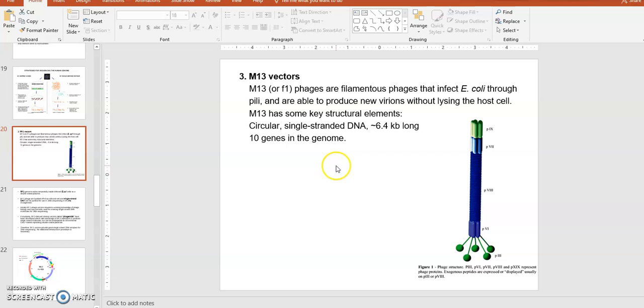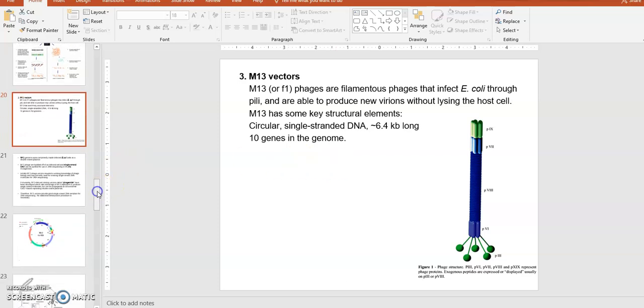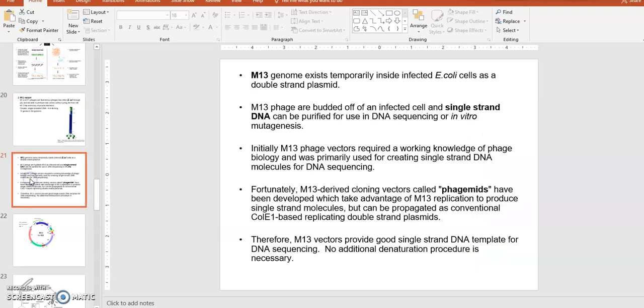Then you don't have to do the denaturation process before you do the sequencing. That is the whole benefit of using the M13 vector, and then you clone your gene in there. All these explanations are about that. Single-stranded M13 will be handy if you clone your gene of interest there and then sequence.